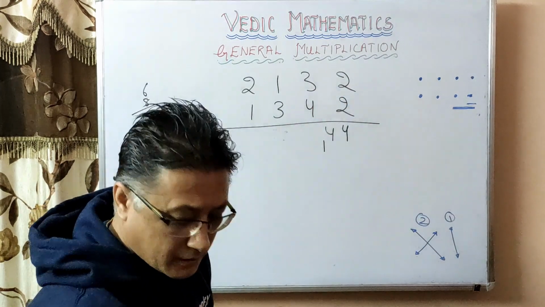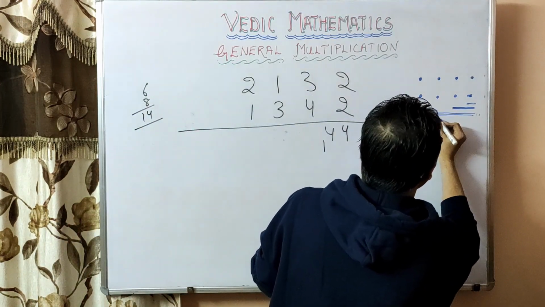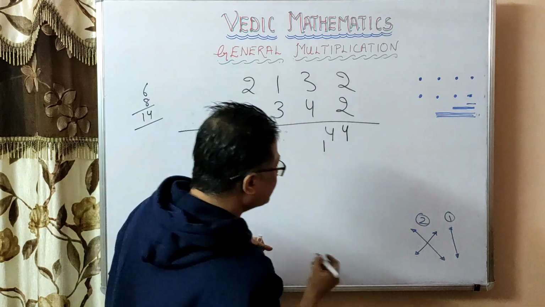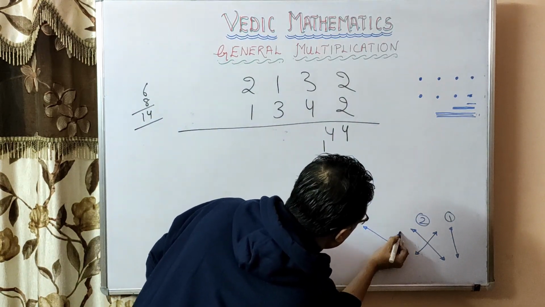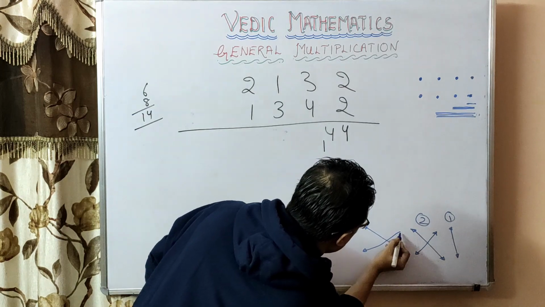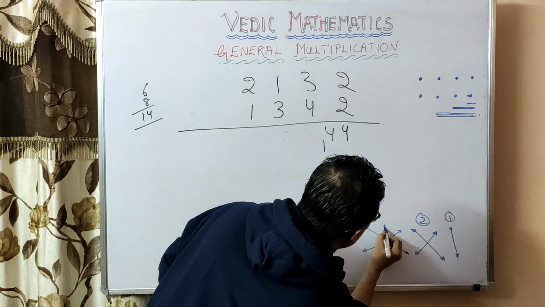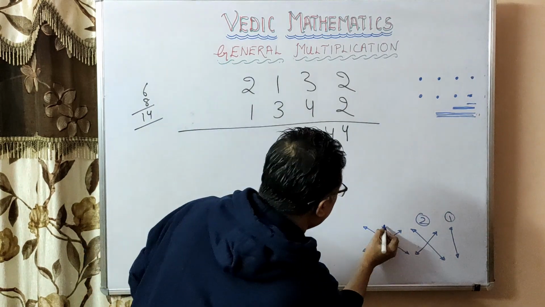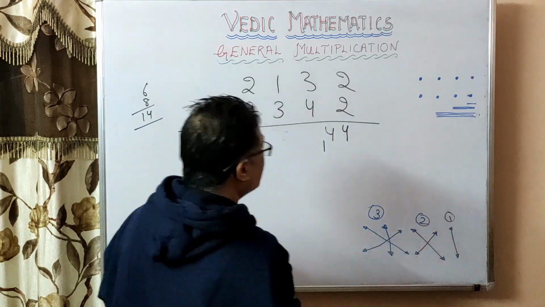Now in step 3, consider all 3 together. So when we consider 3 together, our path will become this: corner to corner, corner to corner, and then the middle ones. So this is step 3.